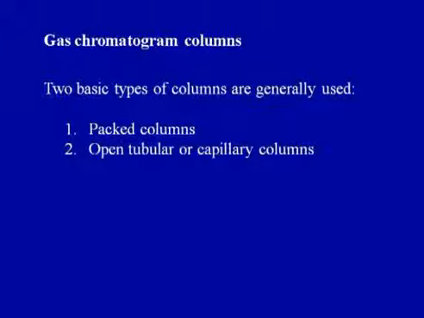The two basic types of columns generally used in gas chromatography are packed columns, as we mentioned earlier, and open tubular or capillary columns. Let us discuss each of them one by one. Packed columns are constructed from tubing of stainless steel, nickel, or maybe glass.